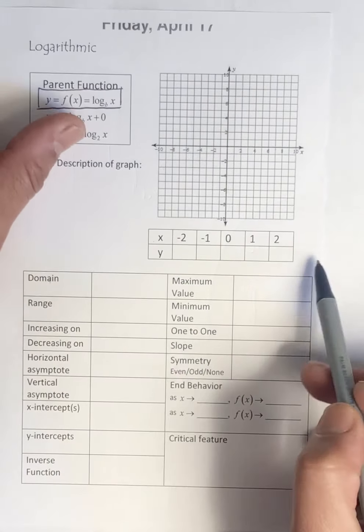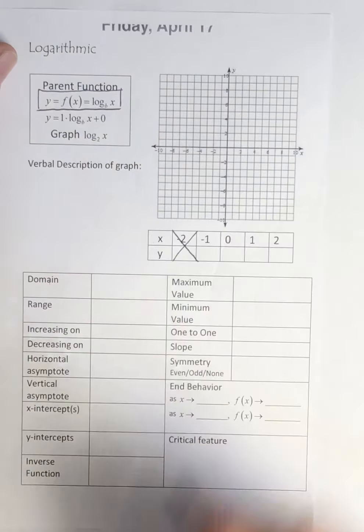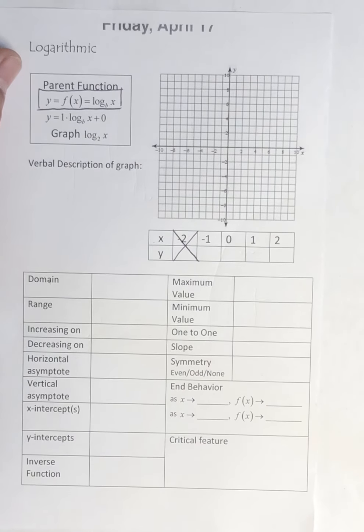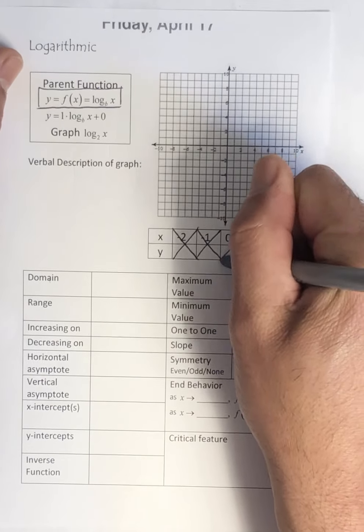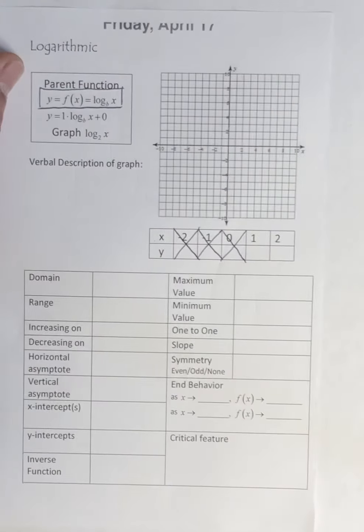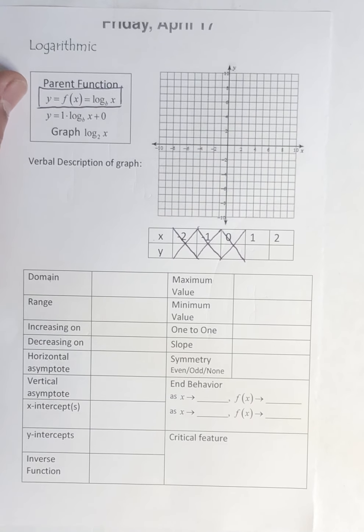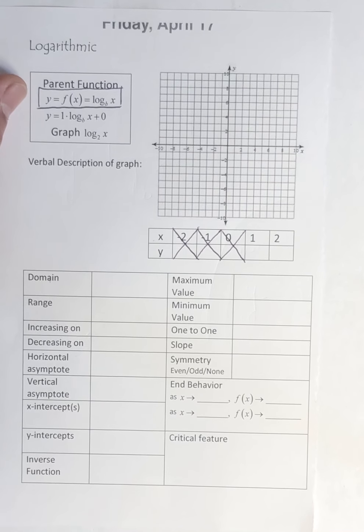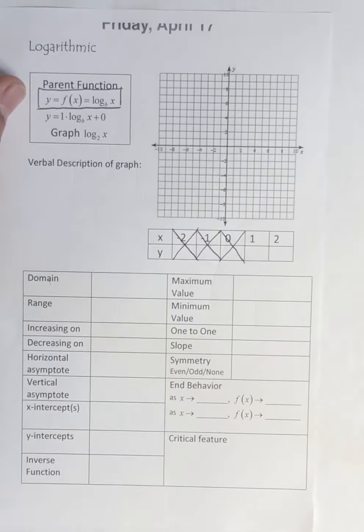If I were to fill out this table, I wouldn't be able to come up with the value for y when x is -2 or -1 or 0. Why is that? That's because the domain of a logarithmic function is the set of positive reals.